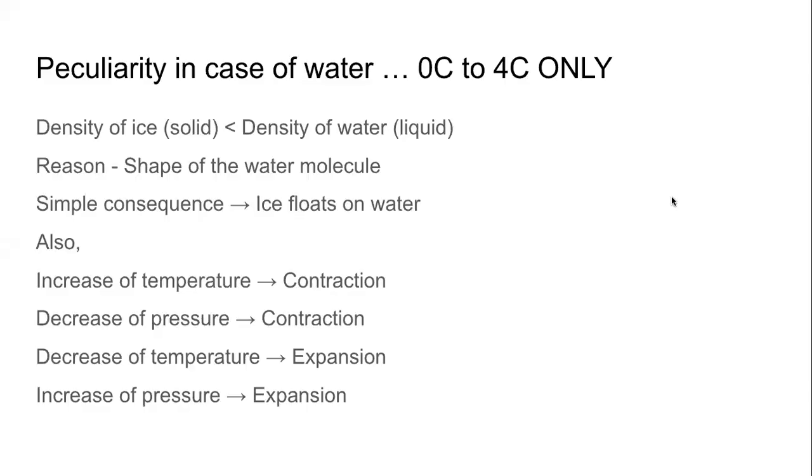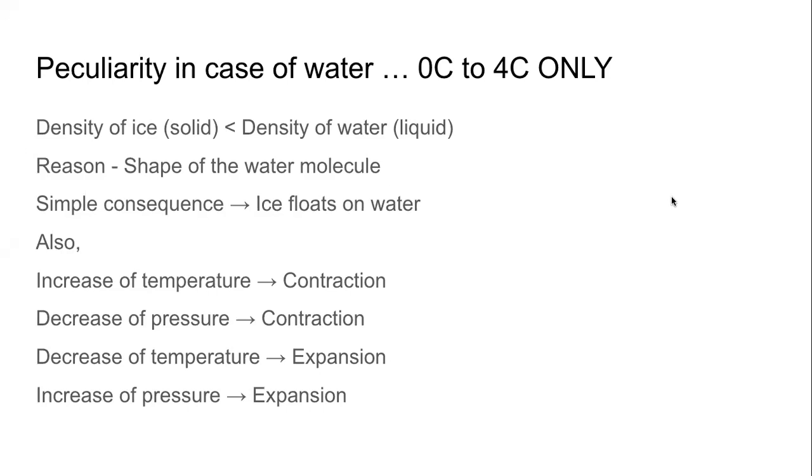Having understood what happens in the general case, as we already know, we are studying the anomalous behavior of water, abnormal behavior of water. So the solid form of water is called ice and the liquid form of water is called water. Water's behavior does not follow what we discussed just now.